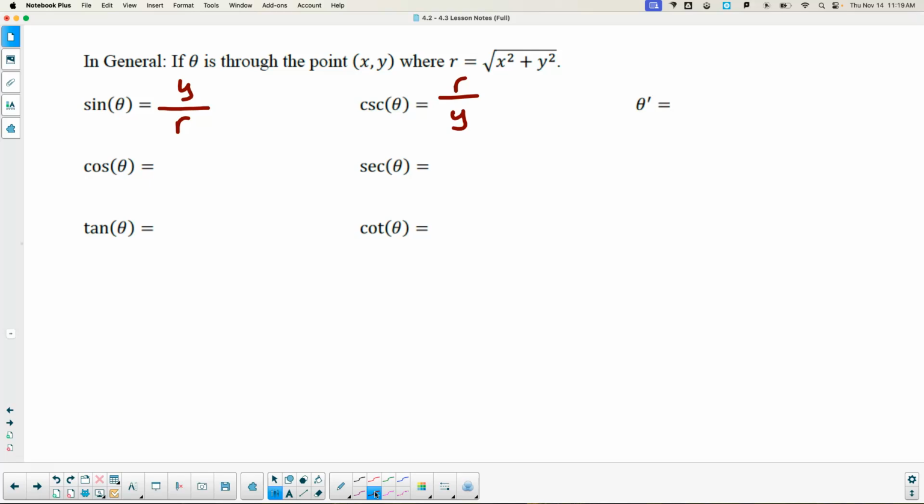The cosine of theta is x over r, so the secant of theta is r over x. The tangent of theta is y over x, which means the cotangent is x over y.